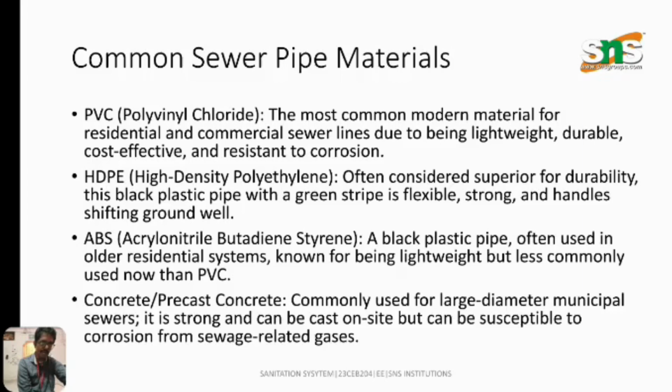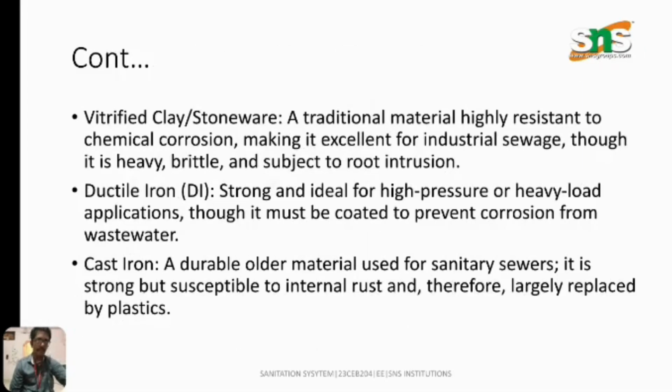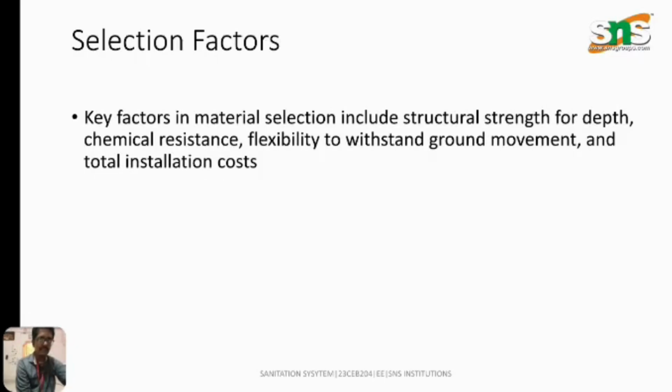Concrete precast pipe is commonly used for large diameter municipal sewers. It is strong and can be cast on site, but can be susceptible to corrosion from sewage related gases. And then there are cast iron, ductile iron, and vitrified clay. These are the different pipe materials we are using.